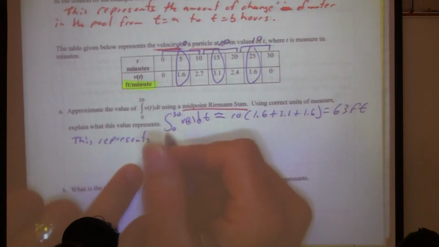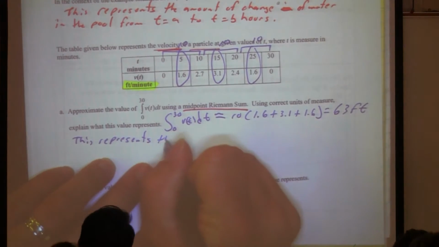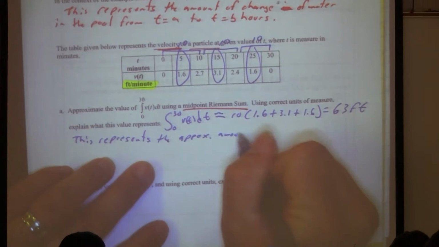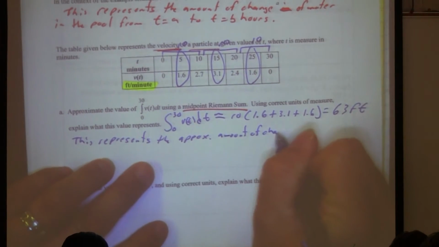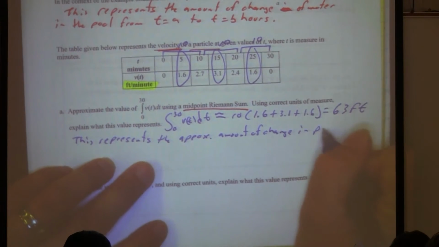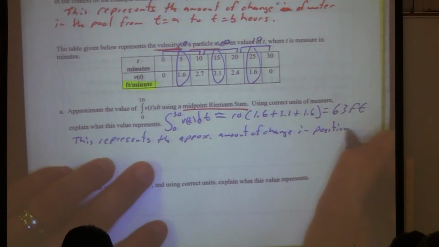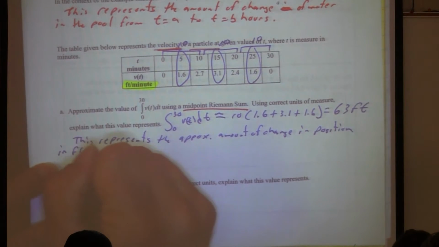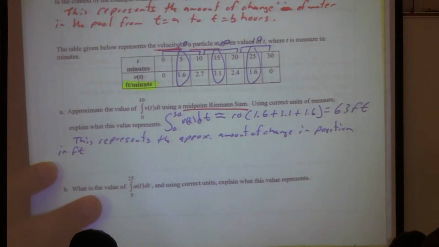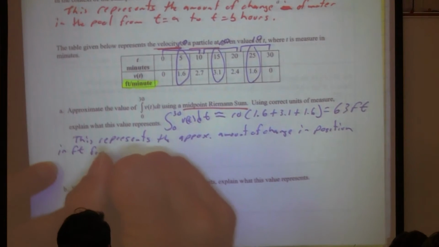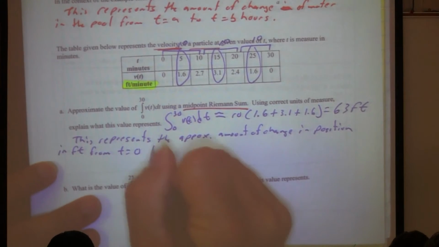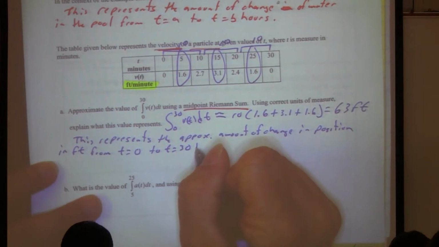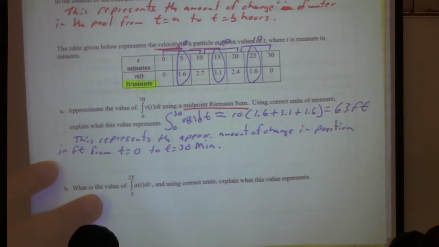Alright, so this represents the approximate amount of change in position. And I always like to include the units, so in feet, from t equals 0 to t equals 30, and that was, I think, in what? Minutes.